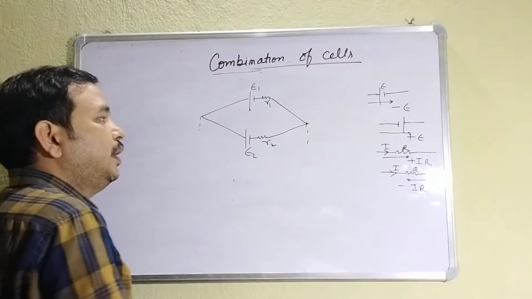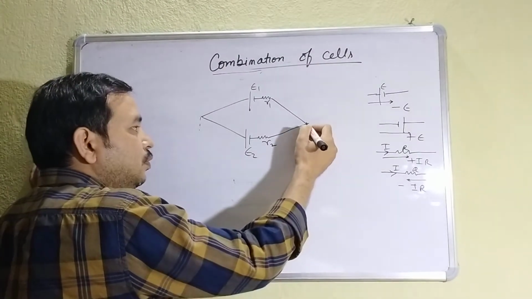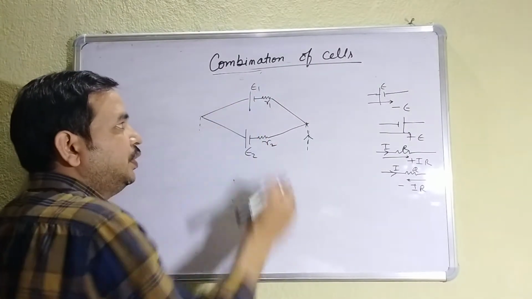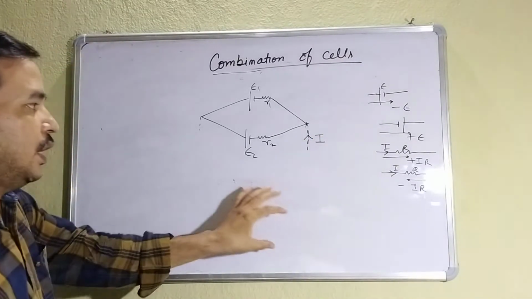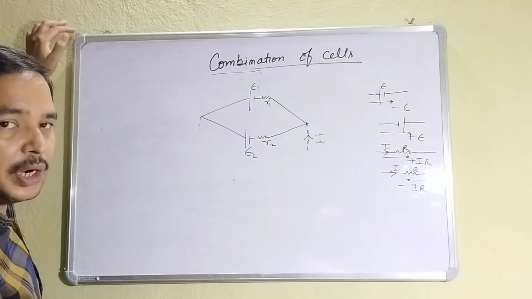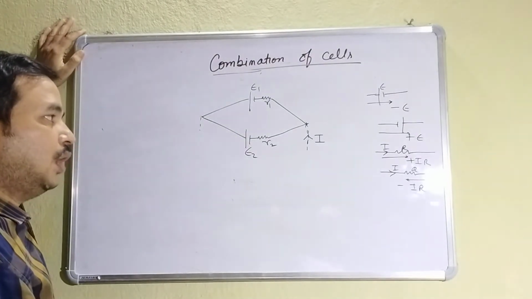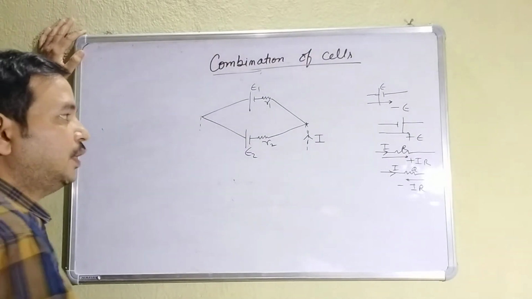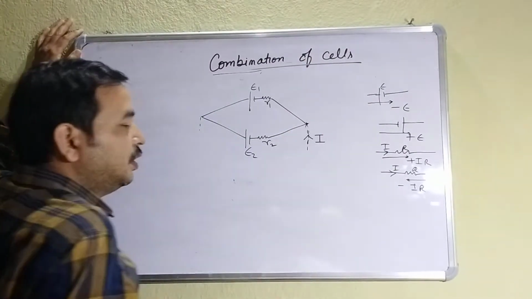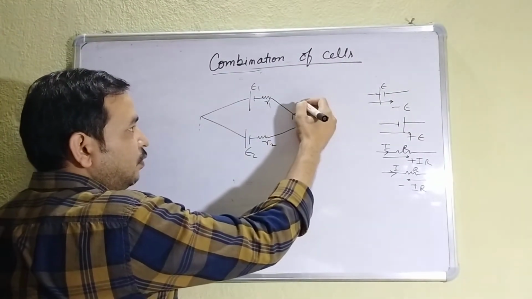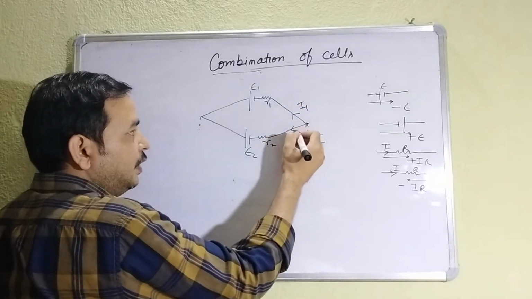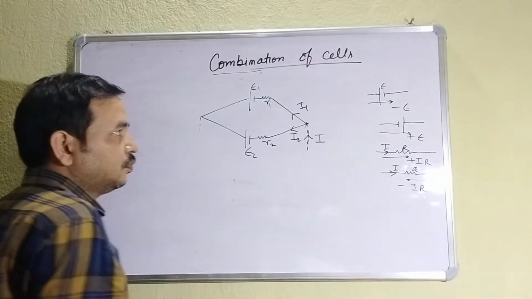Suppose the current entering that parallel combination of the cells is I from any outside source. Suppose total current coming is I. Now all of you know that when there is a junction, the current divides. Suppose the current divides like this, I1 will go this side and I2 will go this side.